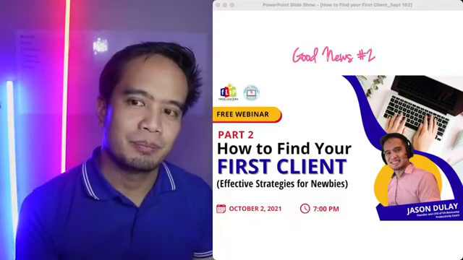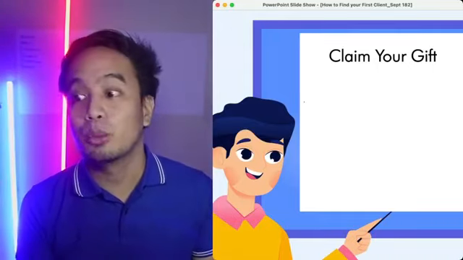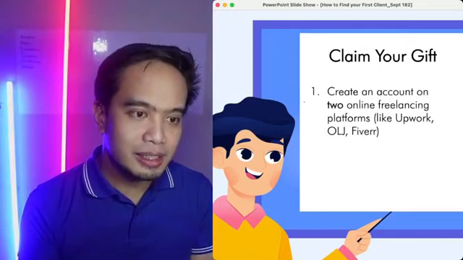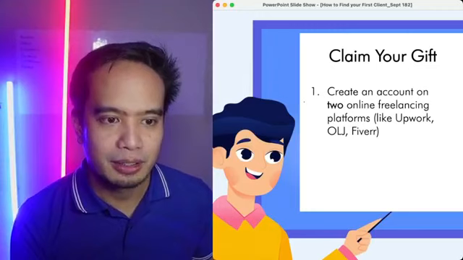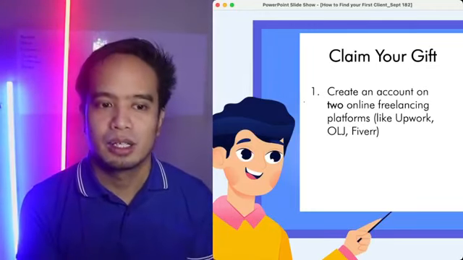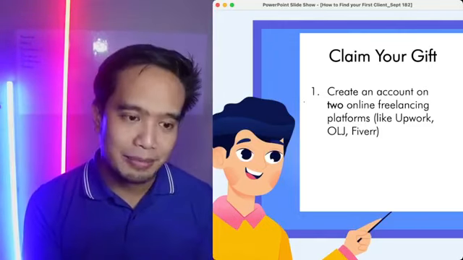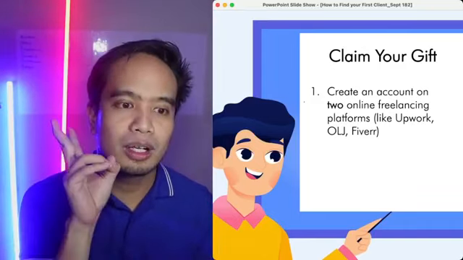Okay. Well, we want you to take action. Diba? Sabi ko kanina, I want you to take action. So what I want you to do is I want you to really apply what you learned here. I want you to create an account on 2 online freelancing platforms. Upwork, Onlinejobs, Fiverr, Freelancer.com, Hubstaff Talent, whatever those are, create 2 accounts.